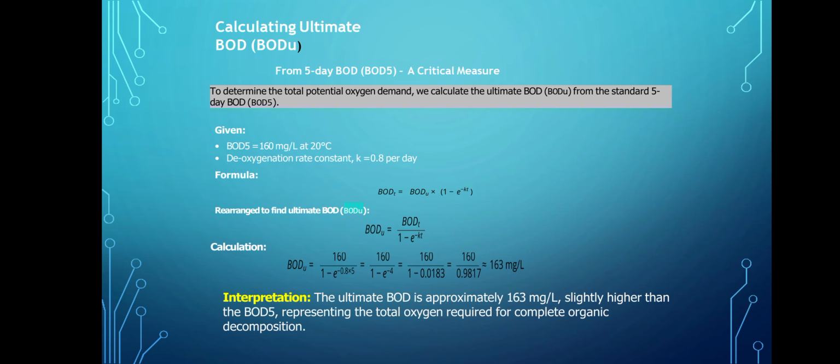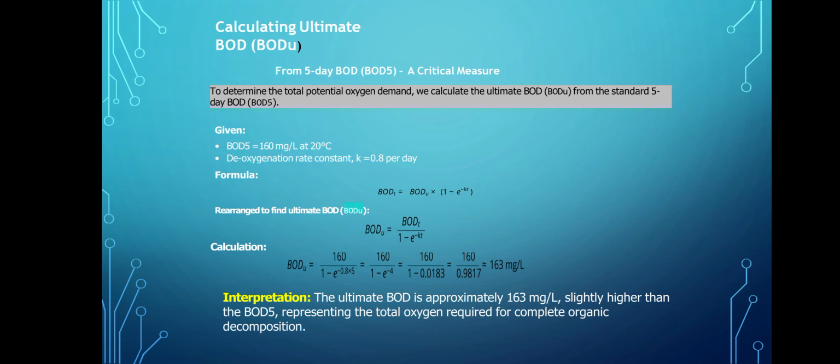So BODU equals BODT divided by 1 minus e to the power minus kt. So BOD5 is given as 160, divided by 1 minus e to the power minus 0.8, that is the deoxygenation factor, 0.8 per day, into time. Time is 5.